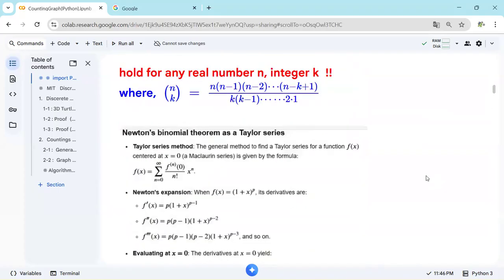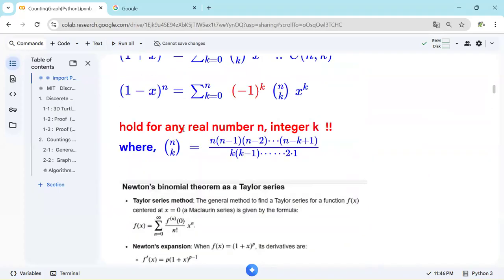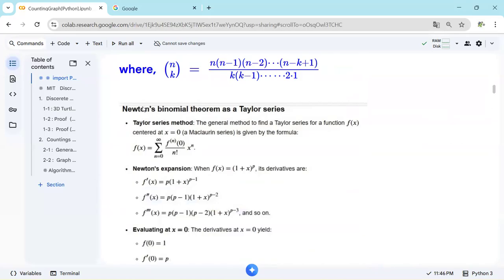Okay, so this holds for any real number n and integer k, where this notation n choose k can be generalized for real numbers and integer k. So this is Newton's binomial theorem, and then it was found out soon.